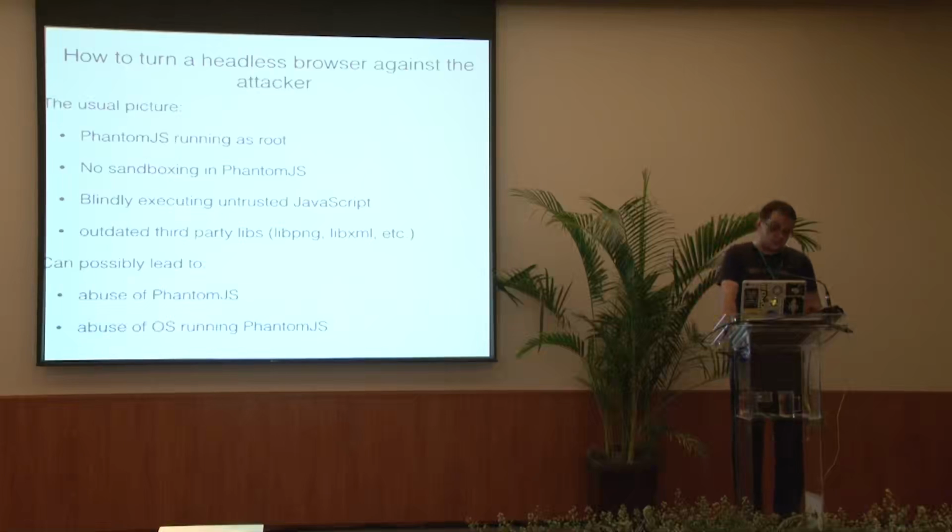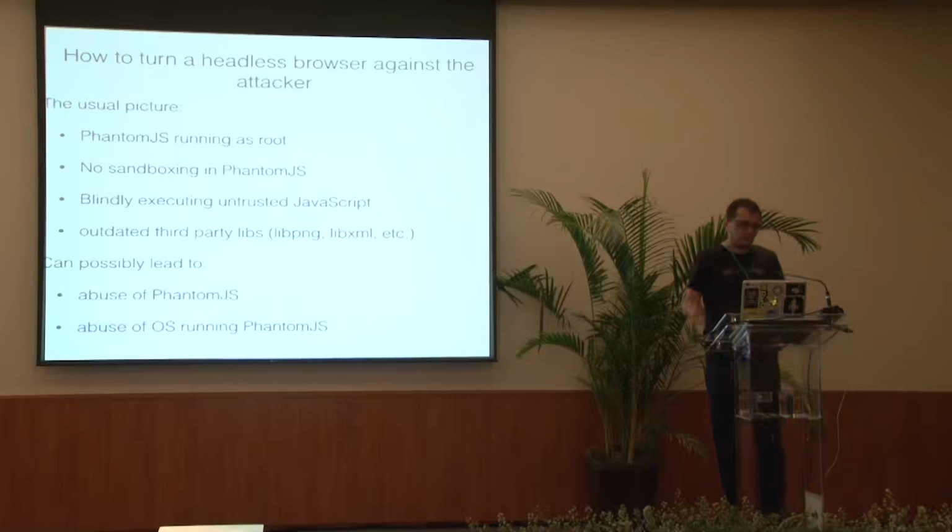Phantom.js is also based on Qt WebKit, which tries to catch up, but if you search for Qt security vulnerabilities, you'll find that libpng is outdated, or libxml, or a couple of months back, libjpeg was outdated.